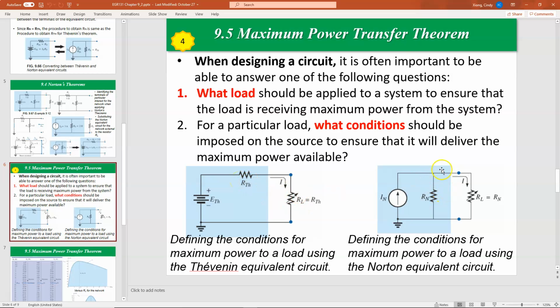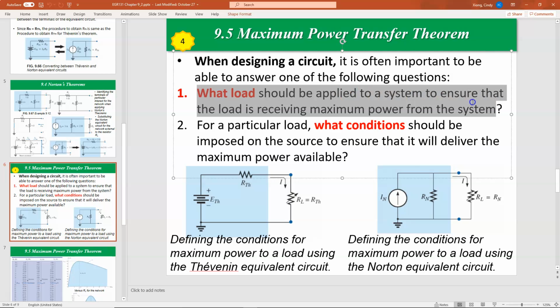If you already have the Norton equivalent circuit for your network, same thing here: your load equals the Norton equivalent resistance, then your RL will get the maximum power. So the maximum power transfer theorem answers the first question: what load should be applied to a system to ensure that the load is receiving maximum power from the system?